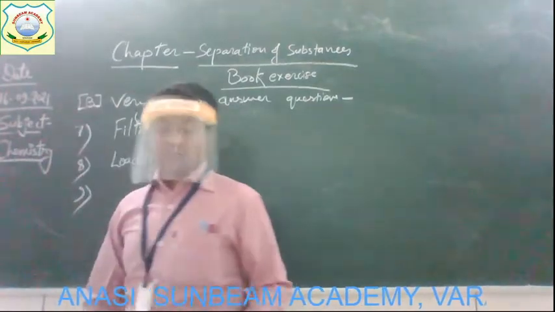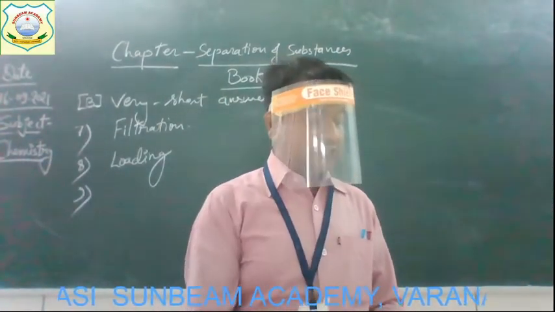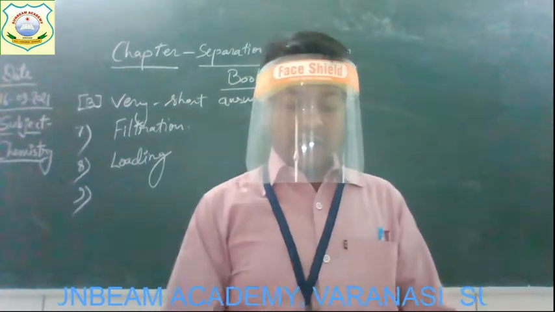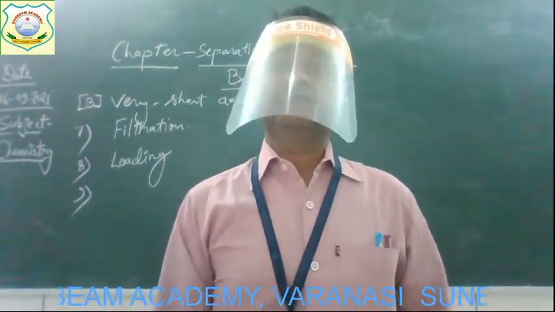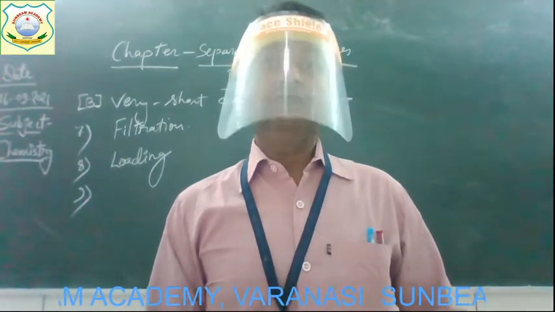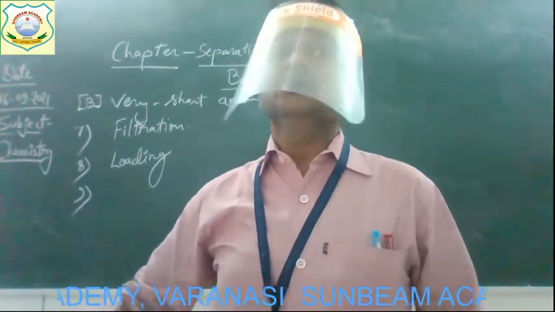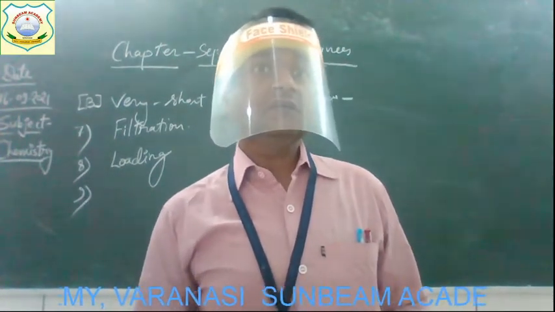Now come to the next question, number 9: which separation method is used to separate wheat grains from chaff? The wheat grains get separated from the whole plant, the chaff. So which method is used for it?